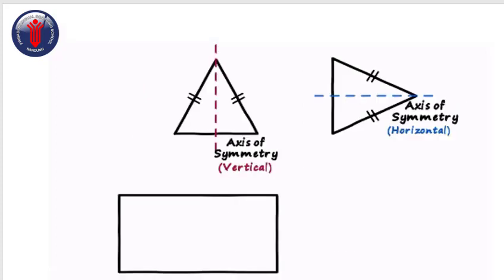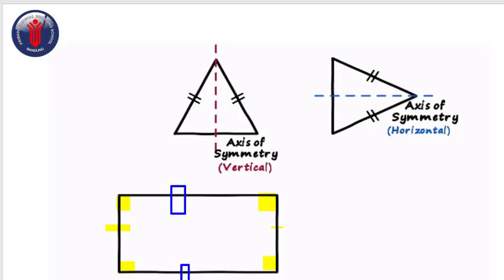Look at this rectangle. These two parallel sides are equal, and these two parallel sides are equal, and it has four right angles, each 90 degrees.